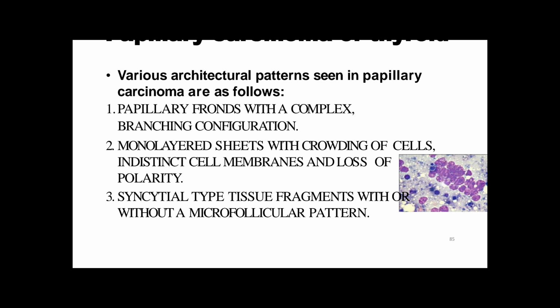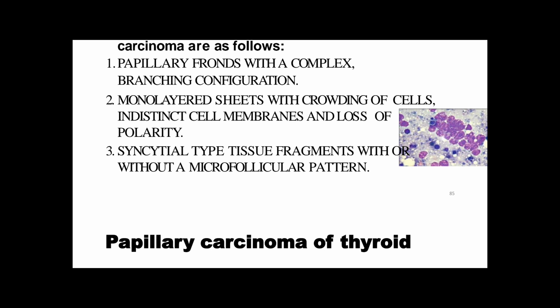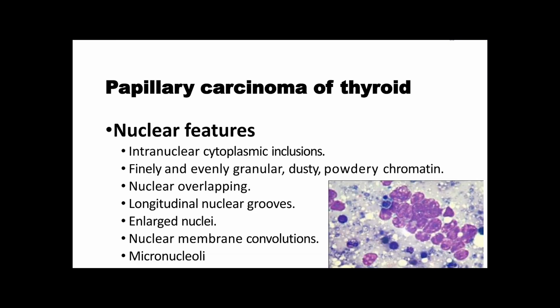The second is a monolayer sheet with crowding of cells, indistinct cell membranes and loss of polarity. The third is syncytial type tissue fragments with or without microfollicular petals. The picture is here.